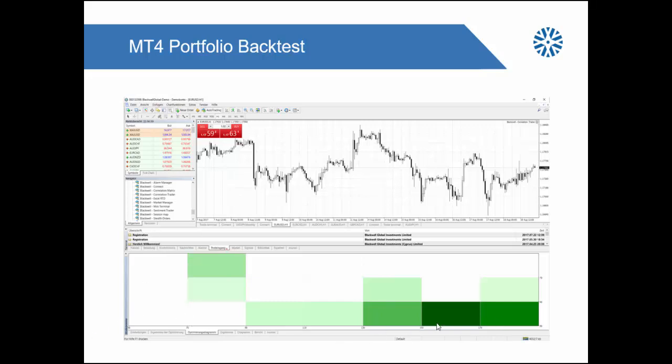You see the dark green box here on the bottom, which highlights the best performance that we've seen, and the white boxes haven't given any performance or have lost money, and the light green doesn't show a very strong performance. And that was the combination I had between 50 and 150. So 50 for the entry and 150 for the take profit.